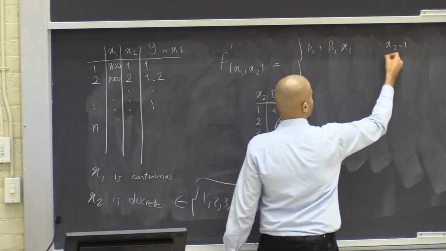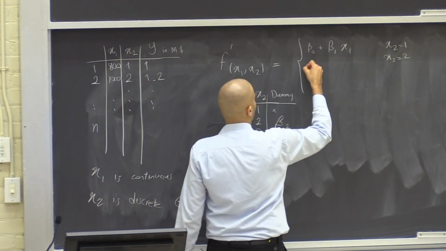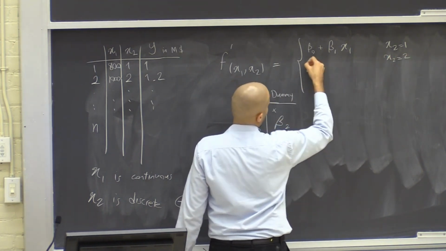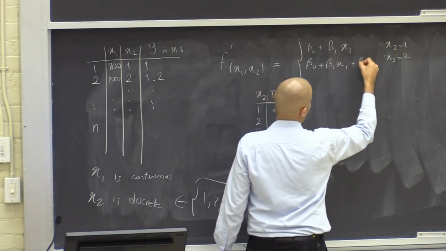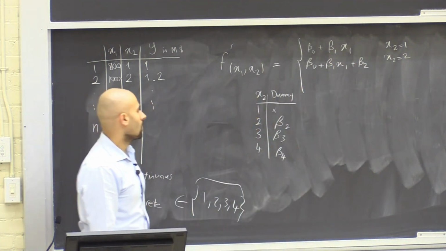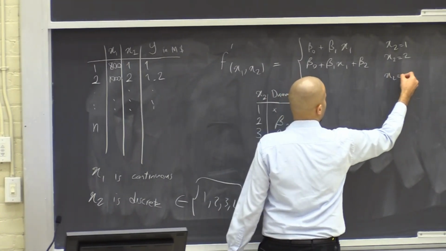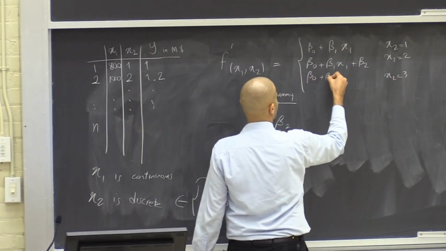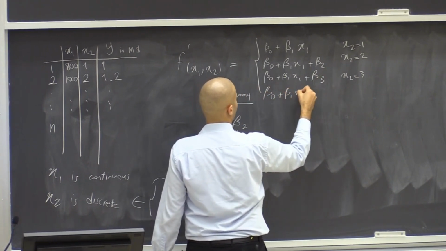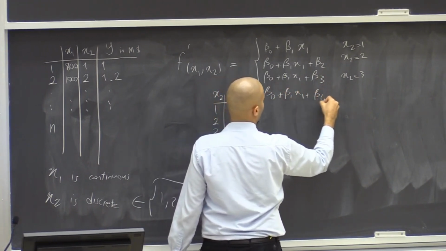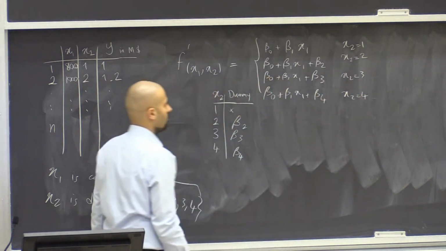Then if the number of bedrooms is 2, we need something like this. If x2 is 3, we need beta 0, beta 1 x1 plus beta 3. And as you may imagine, when we have x2 being equal to 4, we need a beta 4.